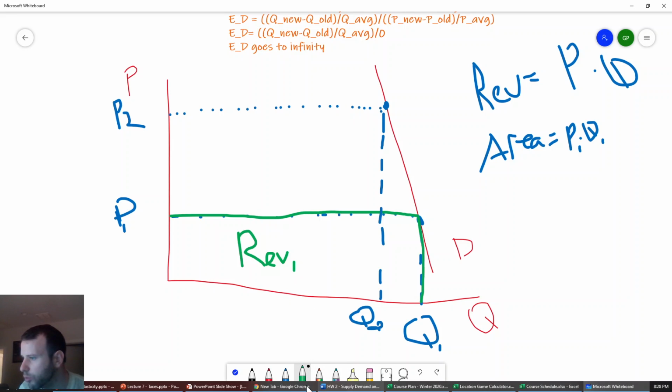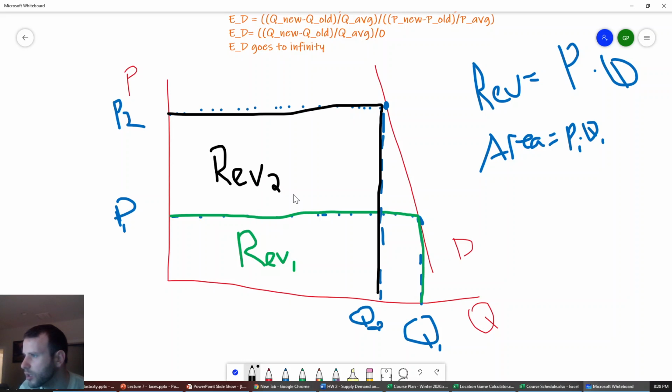I'll make this revenue 1, and then I'll do thick black for revenue 2. So your revenue 2 is going to be everything from here to here. So everything from P2 to Q2 on this graph, okay?